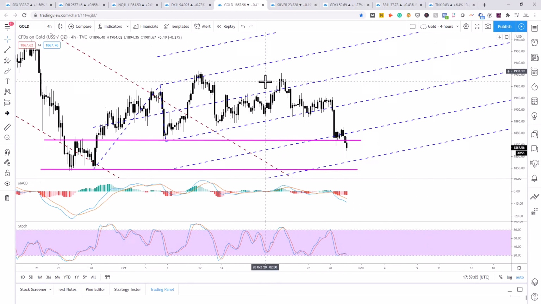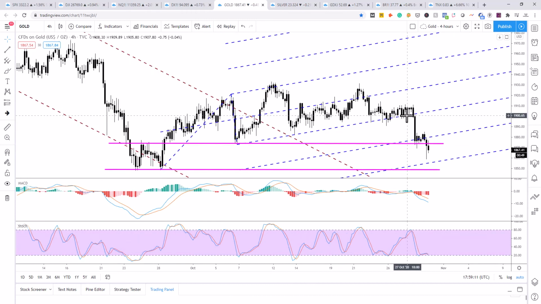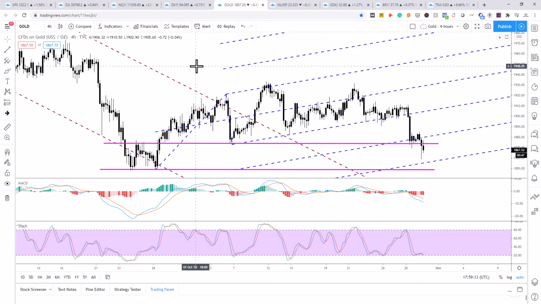Let's look at gold. The strengthening dollar is obviously affecting gold. Where we would have liked to have seen this horizontal support level hold in the 1880 range, obviously it's failed now.